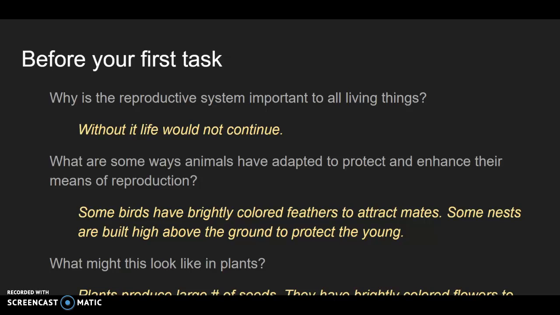Plants that produce a large number of seeds are going to increase the likelihood of reproduction. Some of them have brightly colored flowers because they need to attract pollinators. They need to get those bees, the butterflies in there so that they can spread those pollen spores so that more plants can grow.